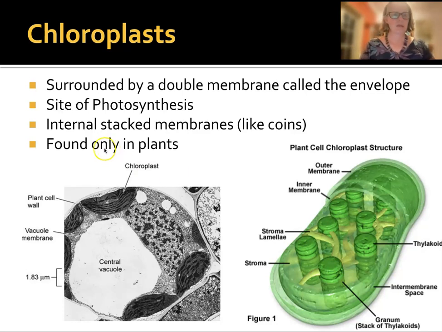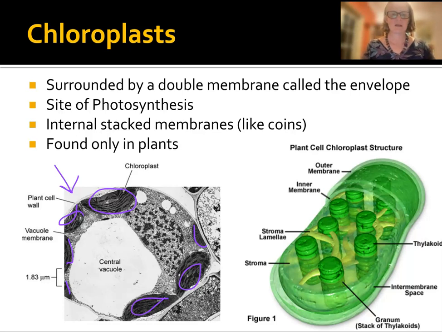So in this big picture of a whole plant cell down here, you can see several chloroplasts. So here's 1, 2, 3, just half of one here, 4, and then 5, 6, and another half one here, 7. So we've got several chloroplasts.